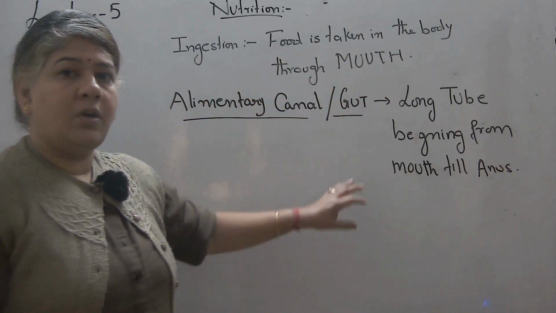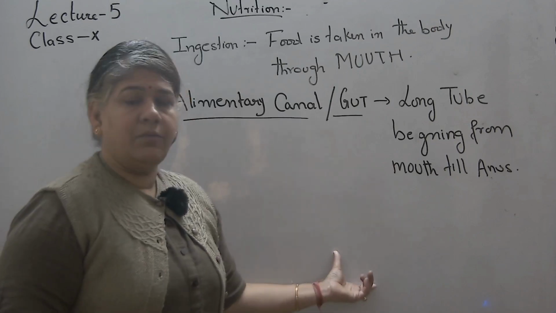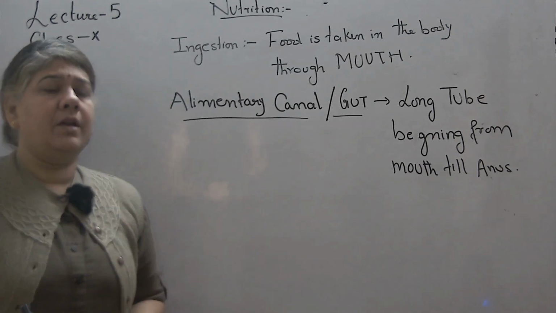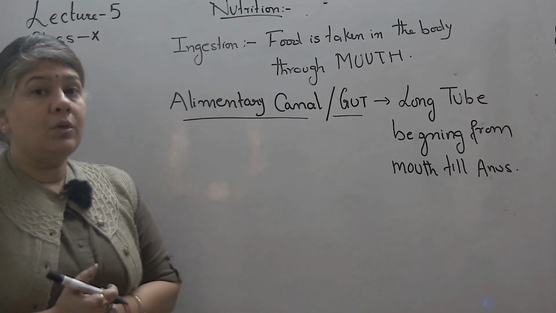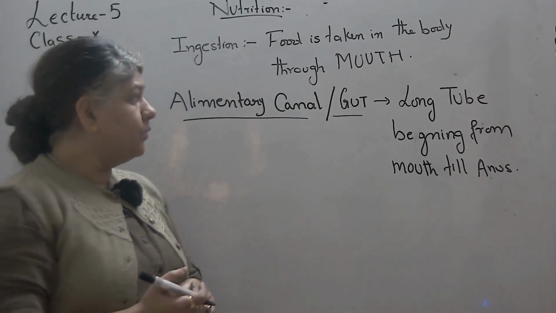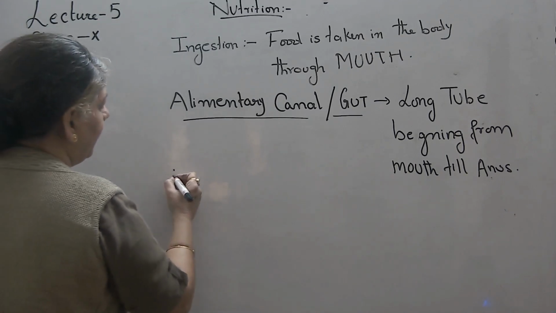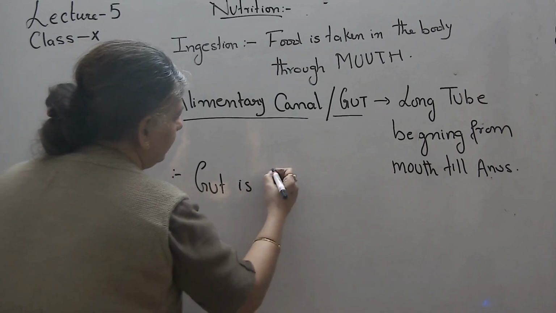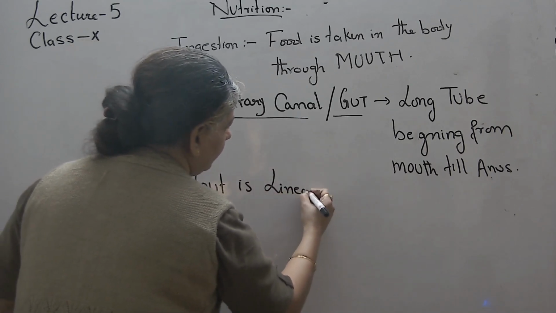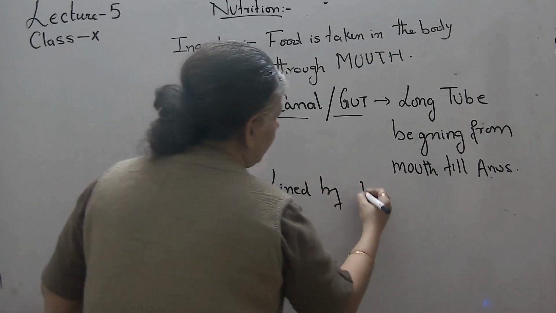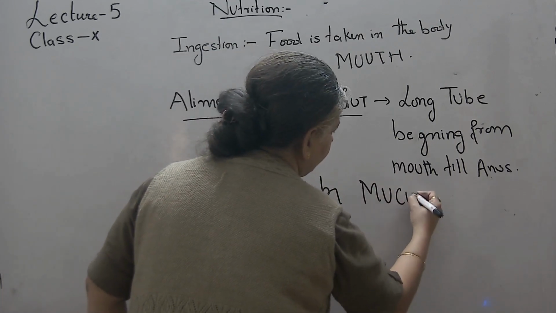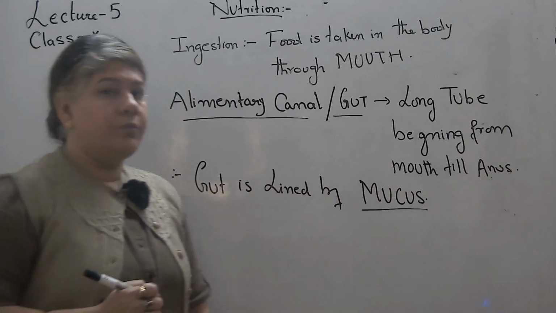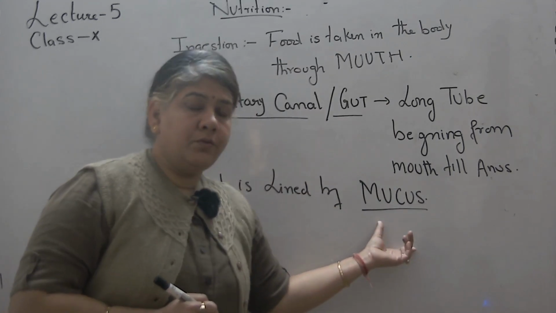See, the whole passage of alimentary canal is lined with mucus for easy movement of food. So the whole gut is lined by mucus. And mucus facilitates the movement of food, and it also makes food soft.